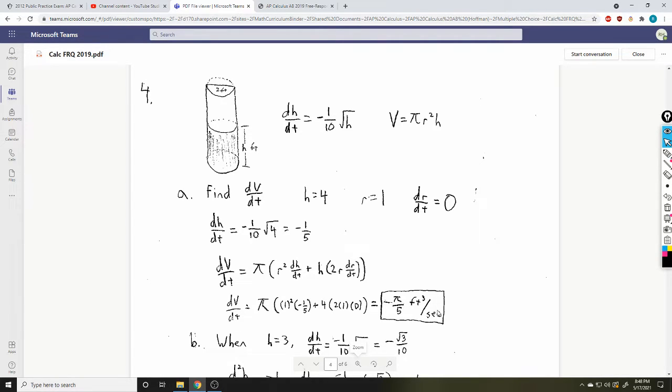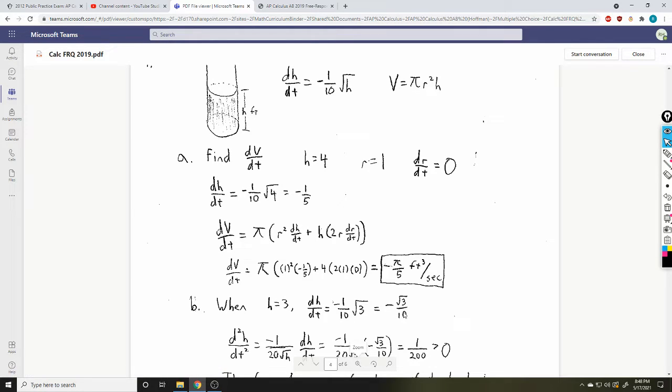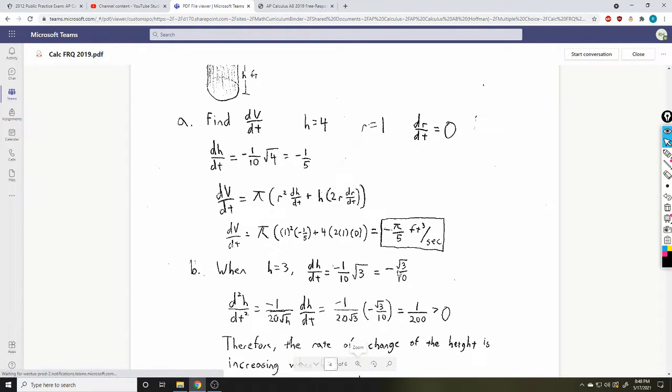Then it's asking about when h is 3, so I went ahead and calculated out dh/dt: negative root 3 over 10. Then my second derivative, the derivative of negative 1/10 square root of h.